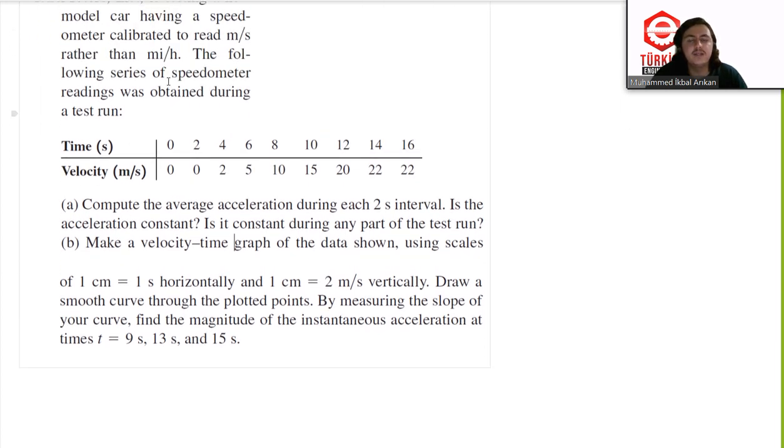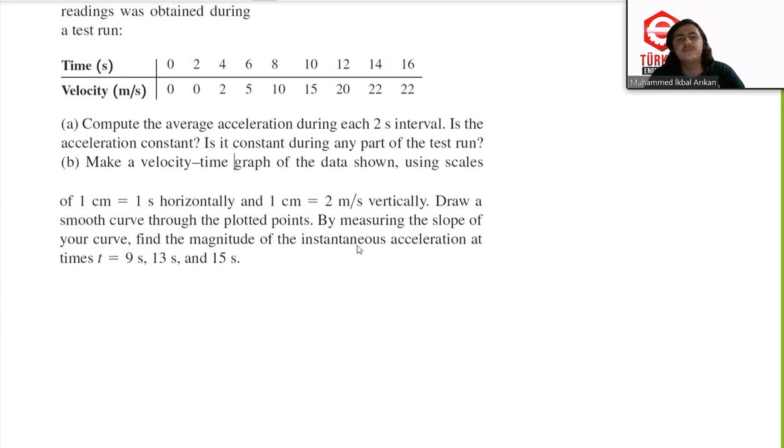It is calculating the speed for each time. Compute the average acceleration during each 2-second interval. Is the acceleration constant? Is it constant during any part of the test run?